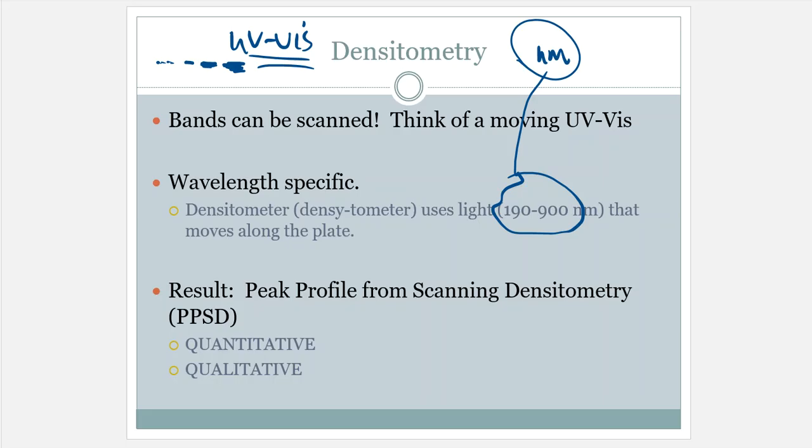They are UV-vis instruments attached to these HPTLC systems that will do some of the absorbance value readings for you based on the spots or bands that it sees on your plate. Once I do a densitometer read, the results here are going to be PPSD.